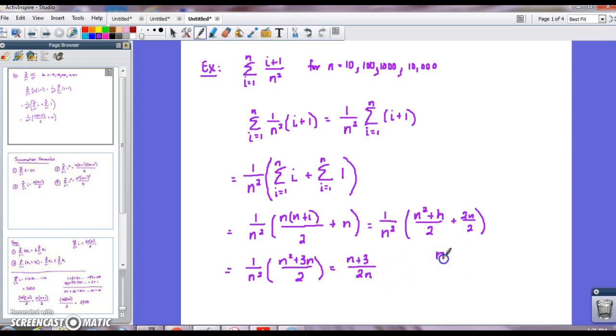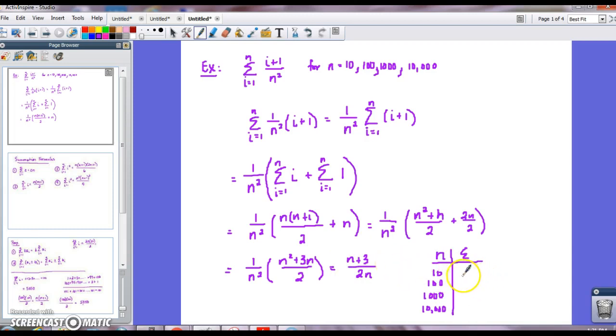If you were to then go in and substitute those different values of n in, so we had 10, 100, 1,000, and 10,000, you can just substitute those values of n into this new formula.